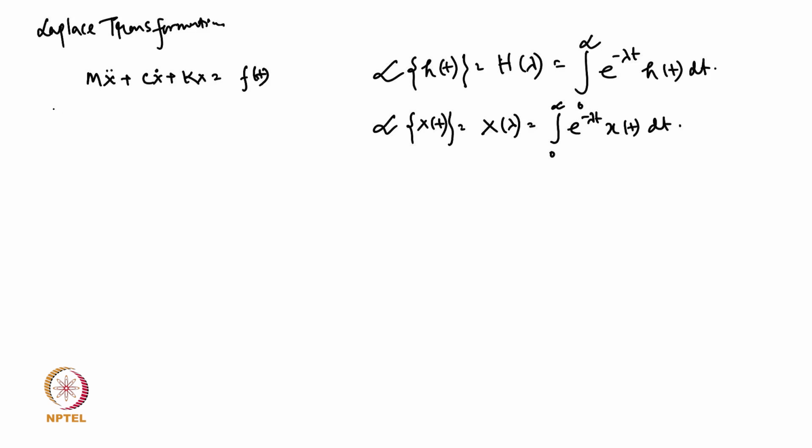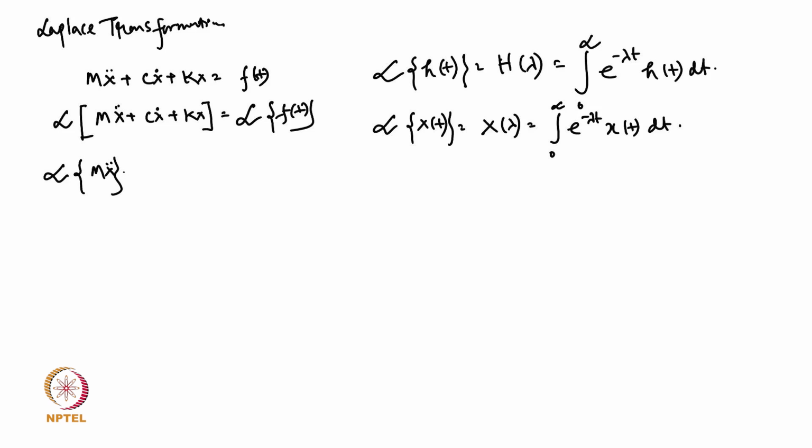If I apply the Laplace operator here, I can write the Laplace of mx double dot plus cx dot plus kx equal to Laplace of f of t. Then it becomes Laplace m of x double dot plus Laplace c of x dot plus Laplace k of x, equal to Laplace f of t.